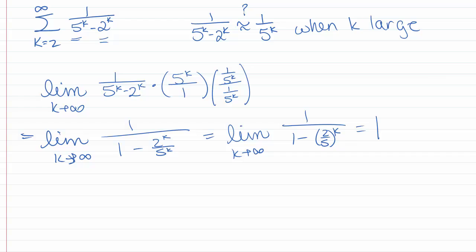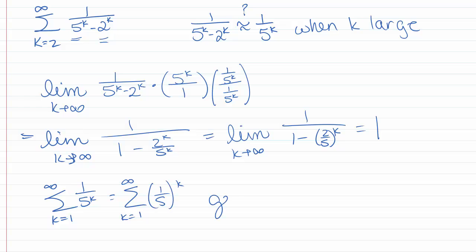That means I'm allowed to use the limit comparison test to compare these two. But I know that the sum, k goes from 1 to infinity, of 1 over 5 to the k is a geometric series. I can rewrite this as (1/5) to the k. And so it's geometric with r equaling 1/5, so it converges.